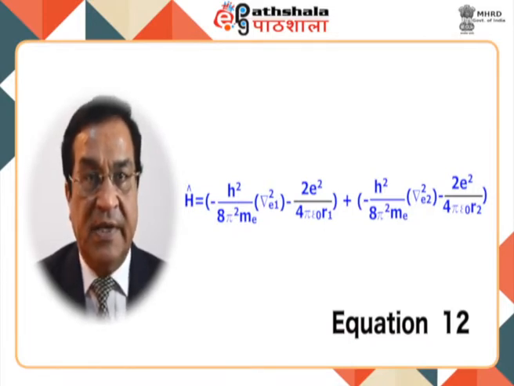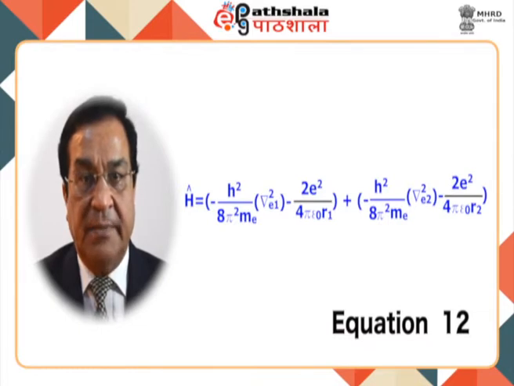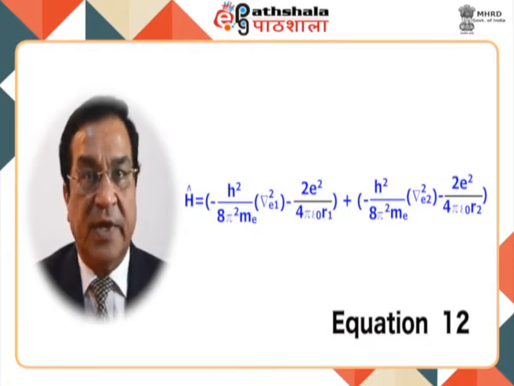Or one can say that the ground state Hamiltonian of the helium atom is a sum of two helium ion terms, that means one-electron Hamiltonians. This is a very important interpretation of this Hamiltonian.